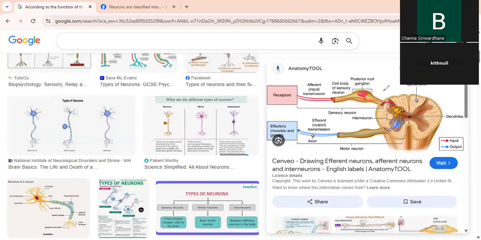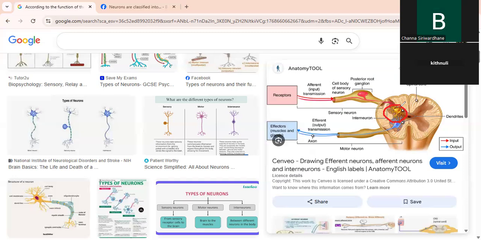What you must remember is that in the sensory neuron the cell body is in the center of two axons, and this interneuron is in the spinal cord.